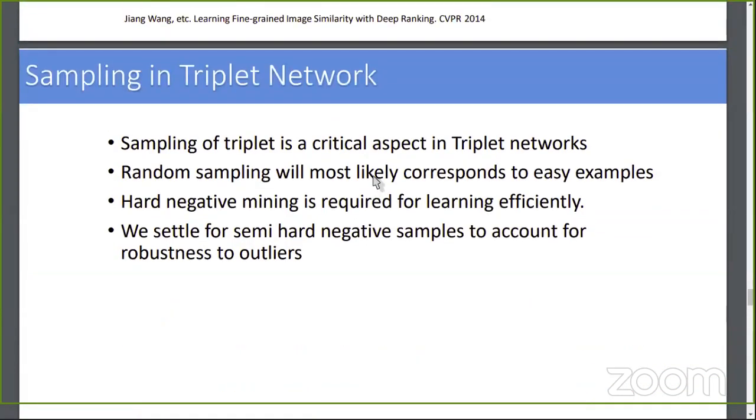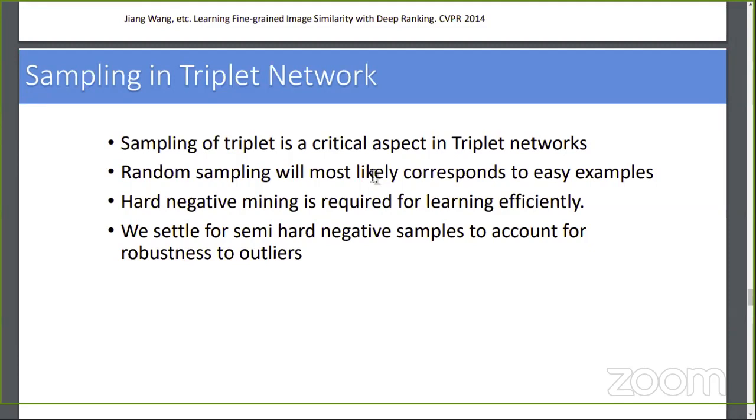As we already know, we need a triplet. But why? In order to select that triplet, we need a strategy, because we cannot randomly select the triplet. So what happens if we randomly select the triplet instead of following some strategy? If we are randomly selecting, we might select a case that is easy to distinguish.